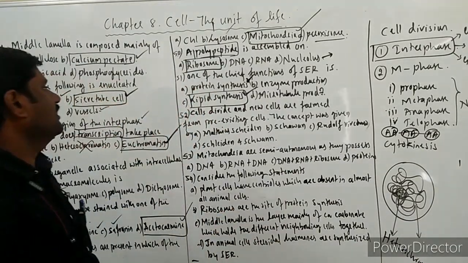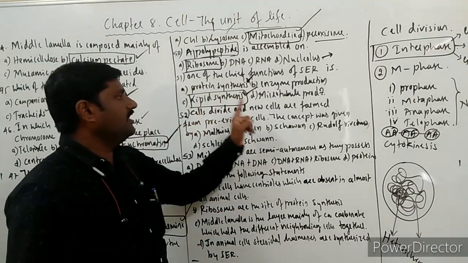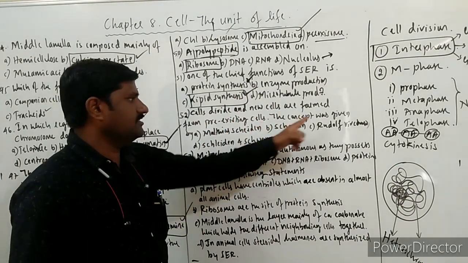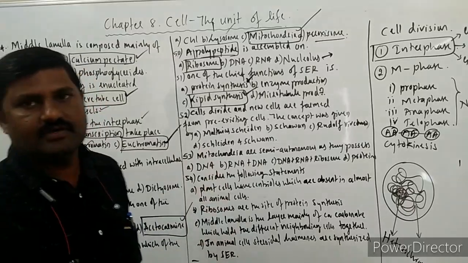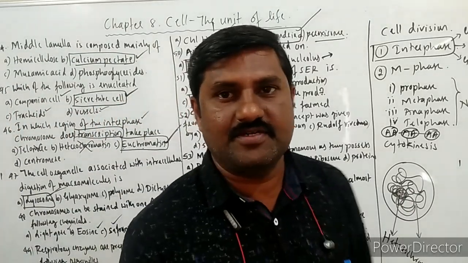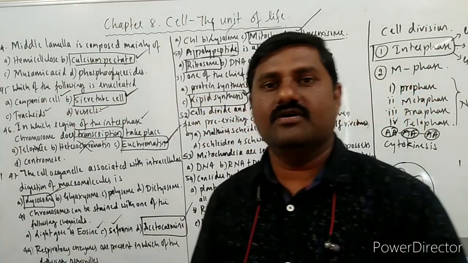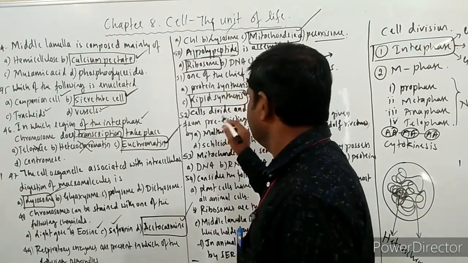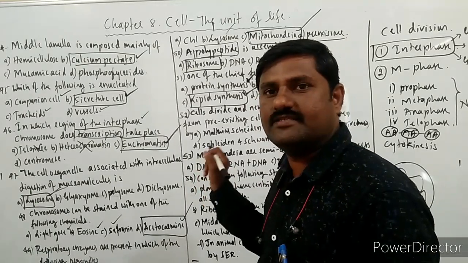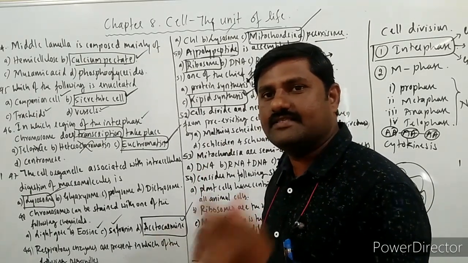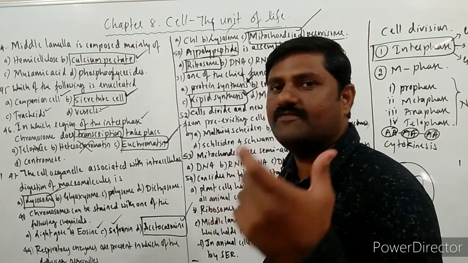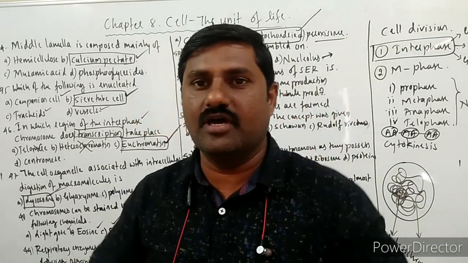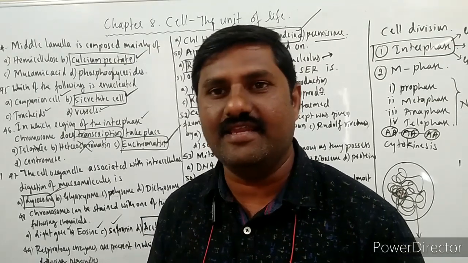Next question. Cells divide and new cells are formed from pre-existing cells. Who explained this concept? That is, omnis cellula e cellula. You know this concept. Rudolf Virchow is the name of the scientist who brought about a new concept in cell theory itself.